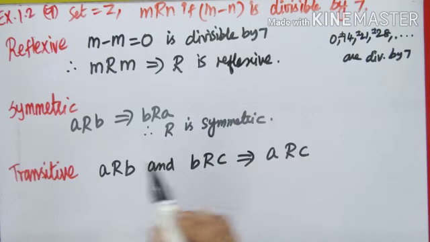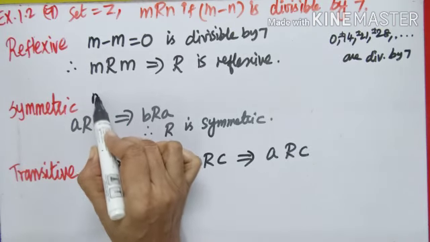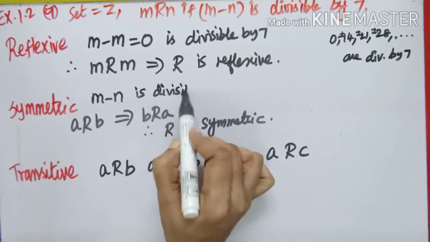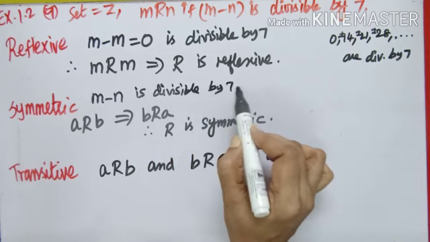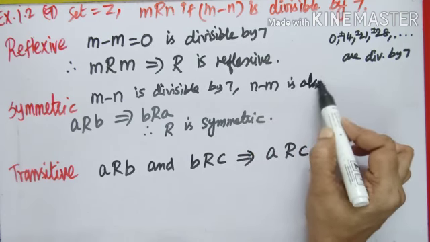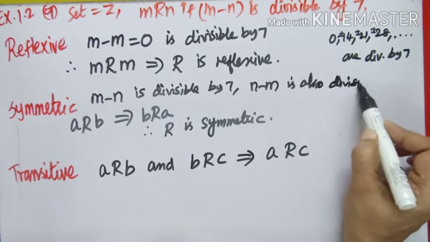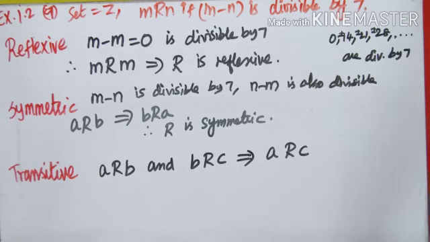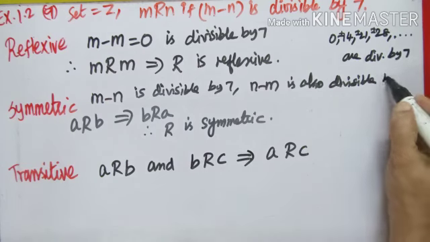The second idea, symmetric. Whenever m minus n is divisible by 7, n minus m is also divisible by 7, isn't it? Whenever plus 14 is divisible by 7, minus 14 is also divisible by 7.